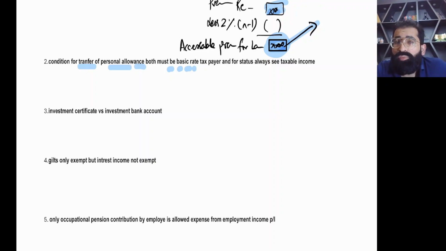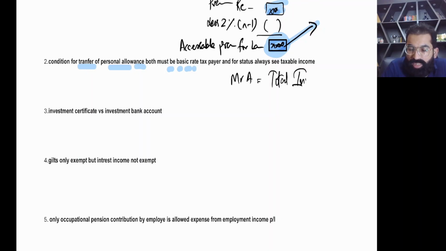So the first condition is very important: both must be basic rate taxpayers. And whenever you need to check the status of a taxpayer, don't just look at the total income. Taxable income is very important. For example, if they are saying that Mr. A's total income is 40,000, still this total income is greater than 37,700.